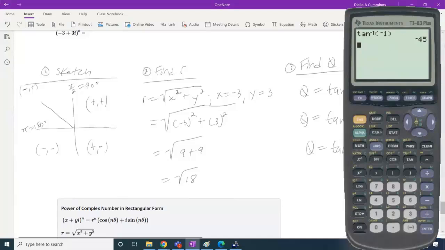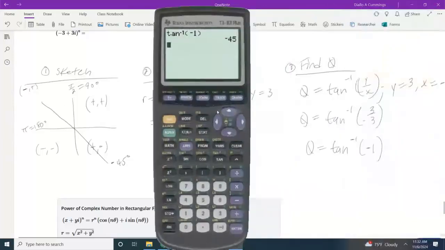A -45 degree angle is in quadrant number 4. So in order for me to put my angle in the right quadrant, I have to add 180. So -45 plus 180 should give us 135.